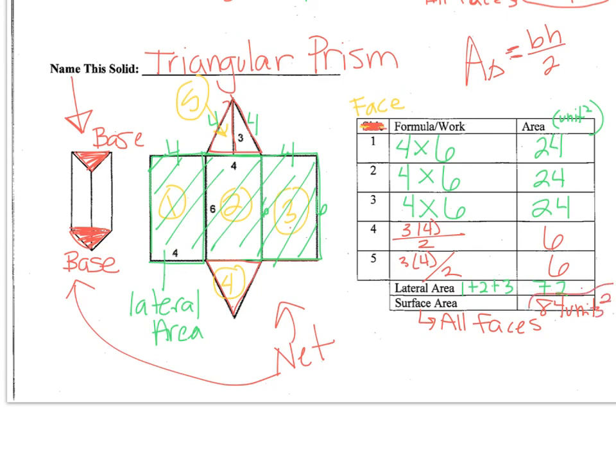But notice that our units are still squared. A lot of people, when they think, oh, I'm working with a solid, think I need to do cubed. Well, when we're doing surface area, we're just finding the 2-dimensional area, so that is why it's only squared. We use the cube for volume.